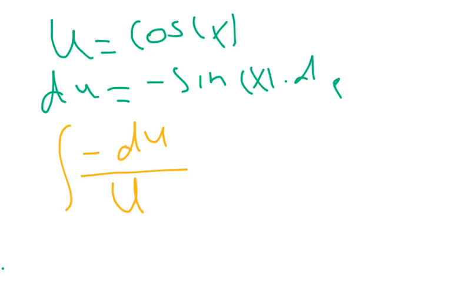You can pull the minus sign off the integral. Now you have to find the integral of 1 over u, which is fairly simple, since it's minus ln absolute value of u plus c.